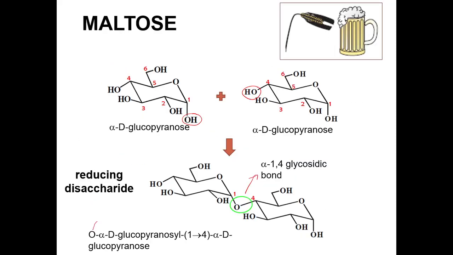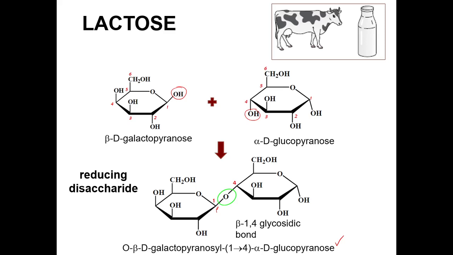By the way, I forgot pala. So we have this here a term reducing disaccharide, meaning to say that yung isa doon sa inyong monosaccharide has a free anomeric carbon pa siya. So this one, for the part of lactose dun sa glucose, ito, free pa yung inyong anomeric carbon dito.